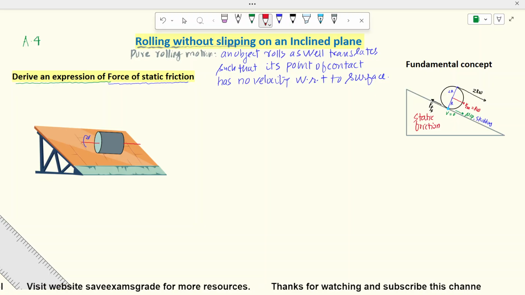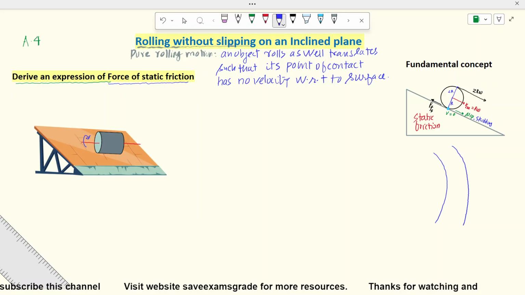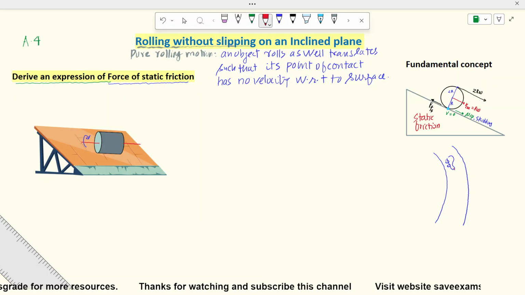Then what kind of motion is rolling with slipping? One example: let's say this is a road and a car is moving over the road, and the car has exceeded its speed limit. What will happen? The car will move along the tangent.